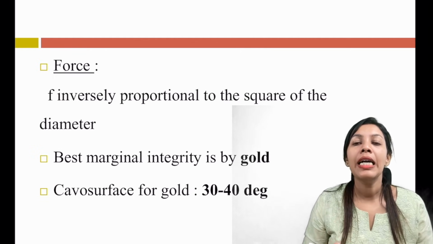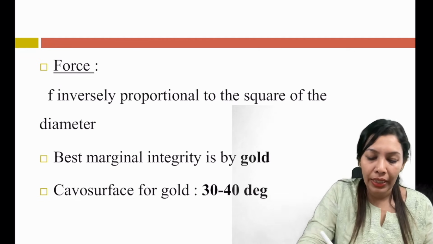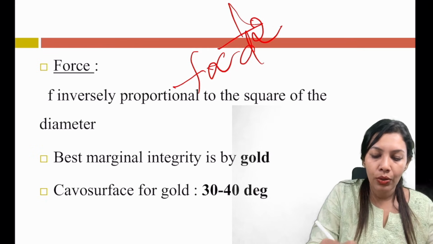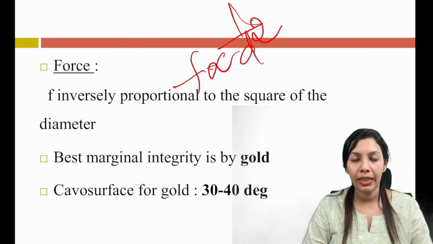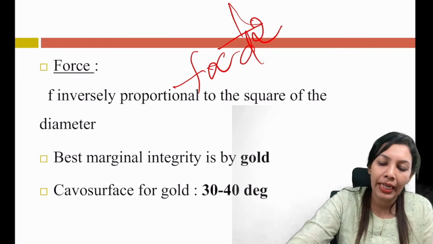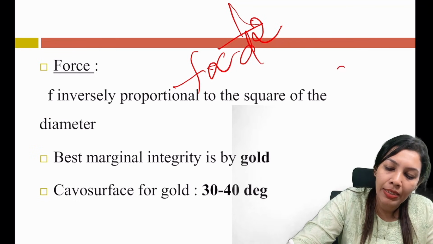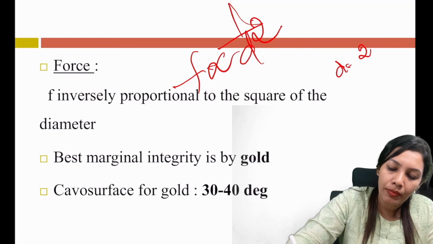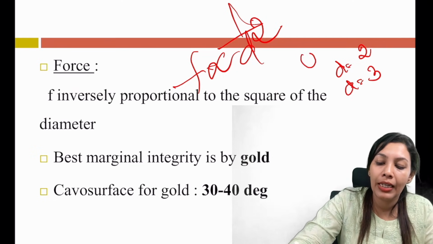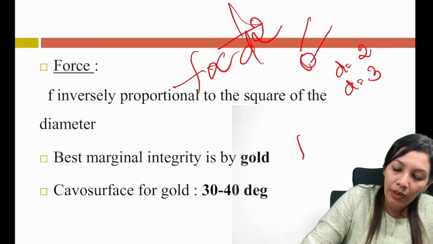Now force is always inversely proportional to the square of the diameter. So just think that we have a diameter of 2 and a diameter of 3 for the condensers which we use. What will be the force?